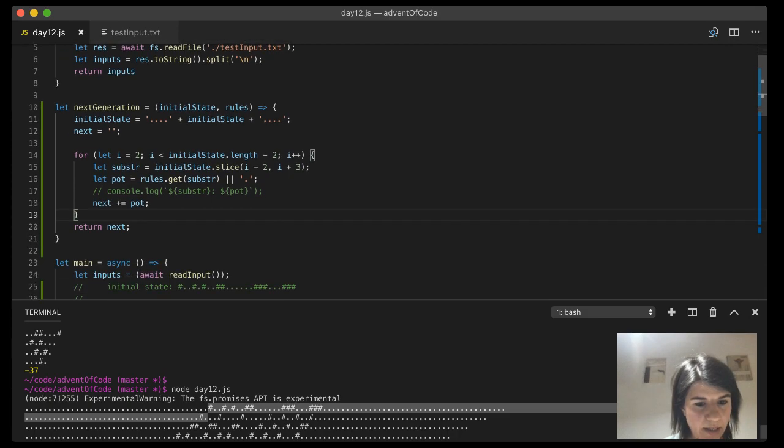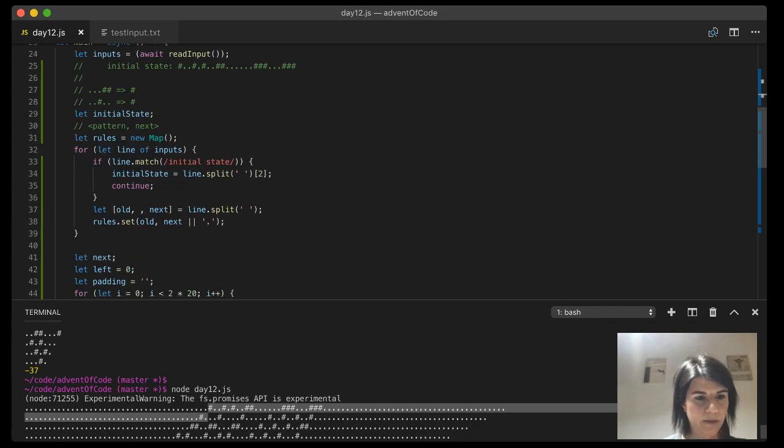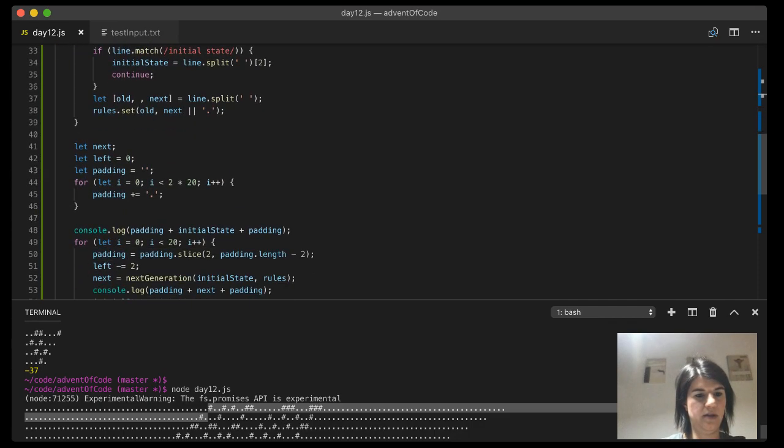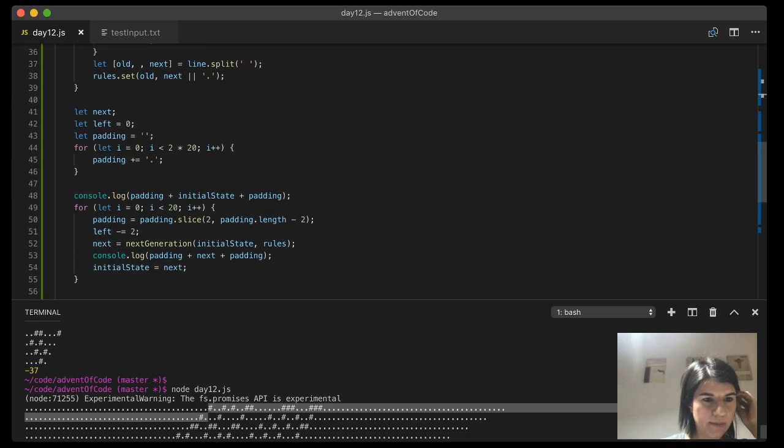So my padding here should be even longer. I'm printing the padding, then cutting the padding off.